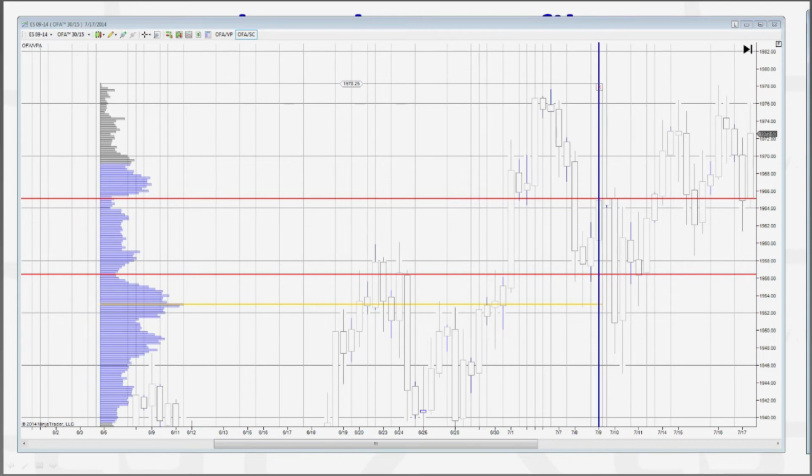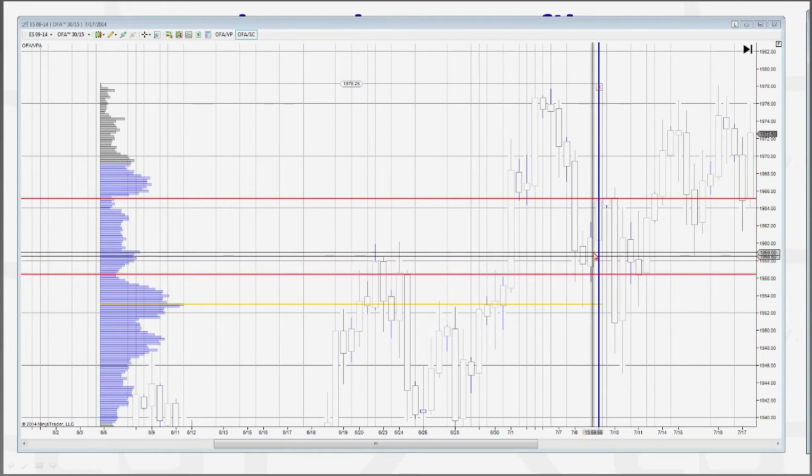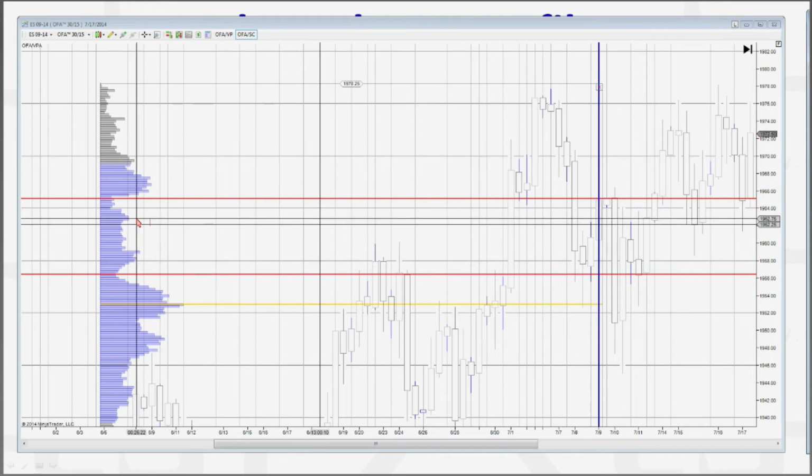So right here, as I have an opportunity for a trade, and that may be long, I would have to look at this and say, where are the two areas long that this price is likely to go? 59, and here's another higher volume area here at 62.75.